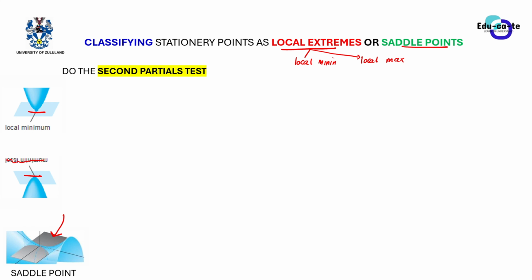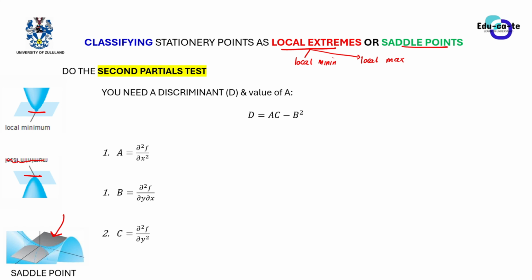You do what we call the second partial test. The second partial test needs two things. It needs you to get a discriminant, the value of D, and it also needs the value of A. The discriminant is A times C minus B squared. But where do you get these A, B, C values?